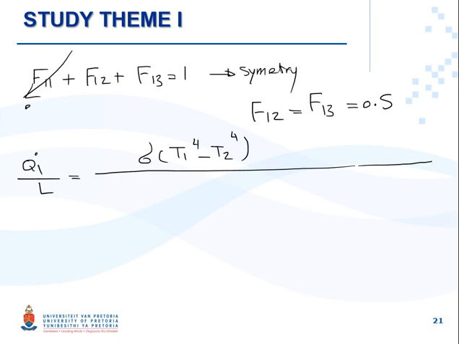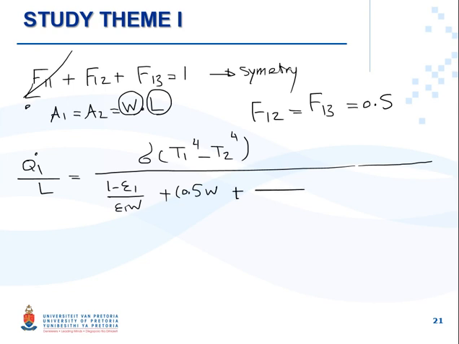But here, because we know that A1 is equal to A2 is equal to W times L, and because it's per length, instead of A we just use W. So 1 minus epsilon 1 over epsilon 1 W, plus 1 over 0.5 W. We are implementing the view factor as well.